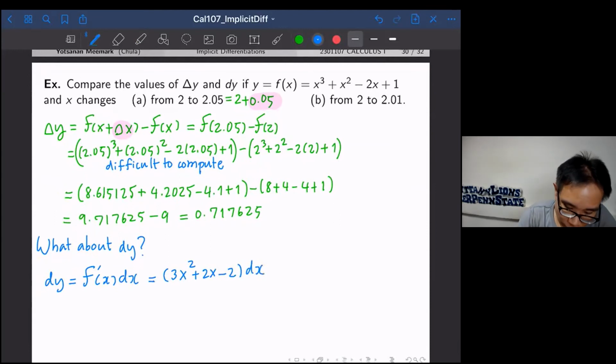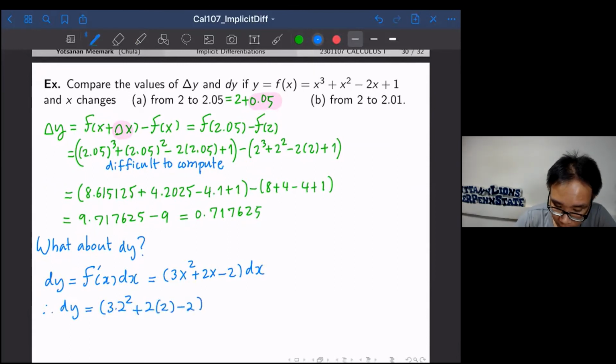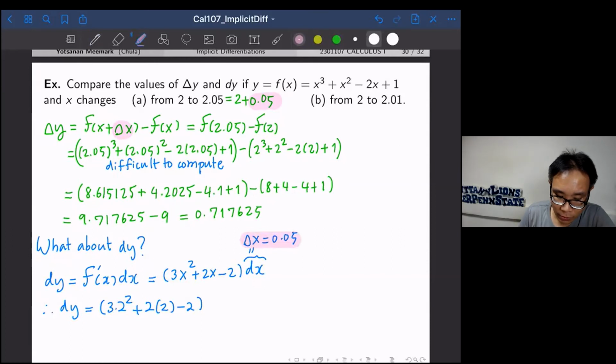So dy equals 3 times 2 squared plus 2 times 2 minus 2, and dx equal to delta x equal to 0.05 from up there. I use x equal to 2 because we have the beginning x equal to 2, so you just put x equal to 2 and multiply by 0.05.